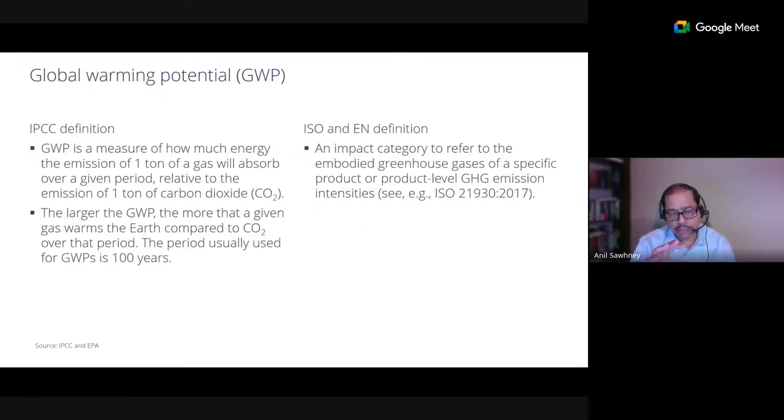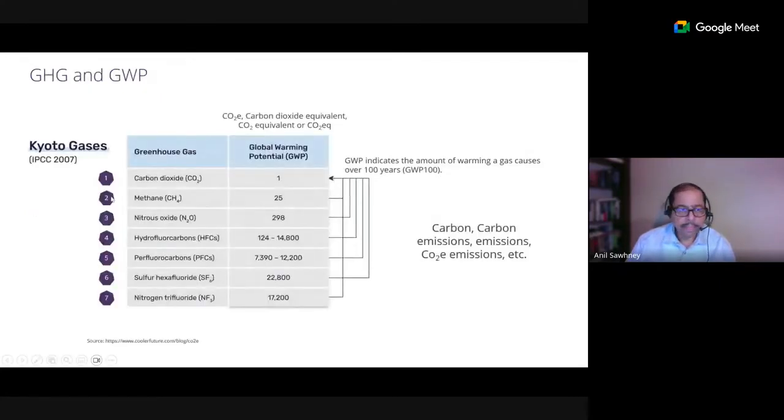So when I'm doing WLCA calculations for a building or a bridge or a transportation project, I am essentially focusing on GHGs and calculating GWP values. So how do you actually calculate the GHG and GWPs?